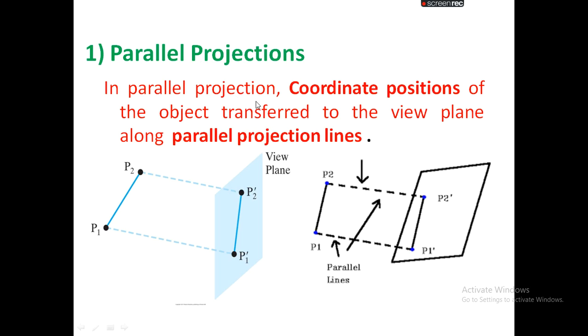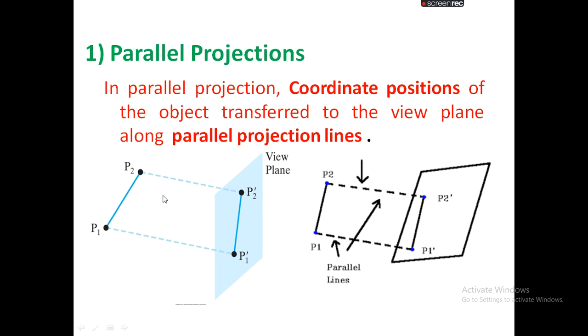In case of parallel projections, we are transferring coordinate positions of the object on the view plane using parallel projection lines. Means when you are transferring the object description on the view plane by using parallel projection lines, it is called parallel projections.